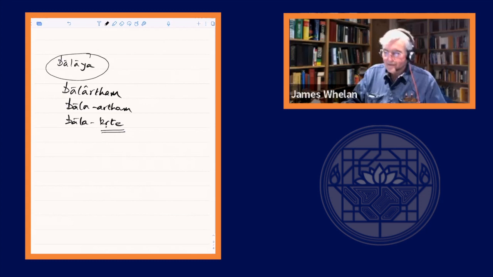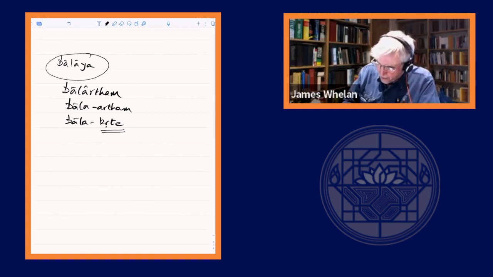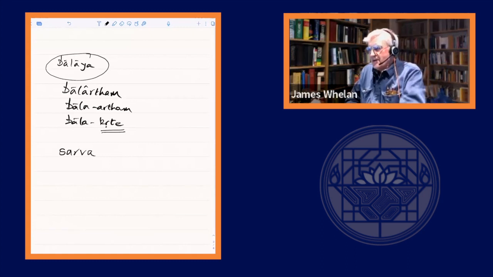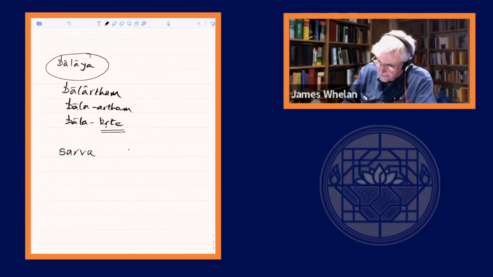Okay. Two things there. I think the reason he put in all the deer was simply to indicate that it was plural. You used the word sarva, meaning all, which is correct. But there is a slight complication with sarva, because it has the pronominal declension, so it makes its nominative plural in sarve, not sarva. Oh, of course.